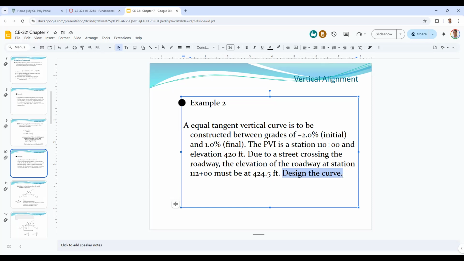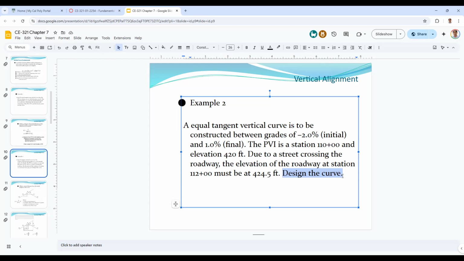So that's good, at least we know B. And remember C, from the formula on the previous slide, is (G2 minus G1) over 2L. G2 is 0.01, a 1% grade, minus 0.02, over 2 times L. And again, I don't know L.